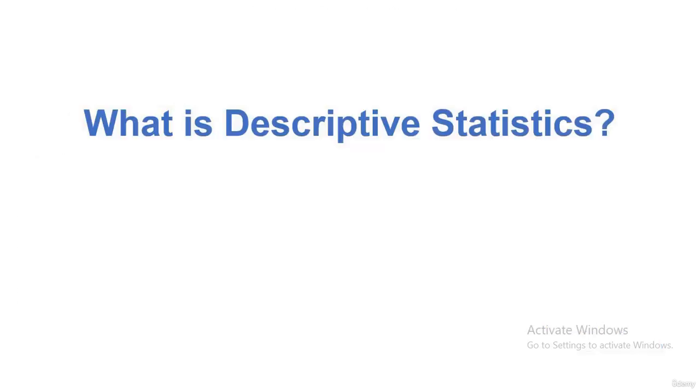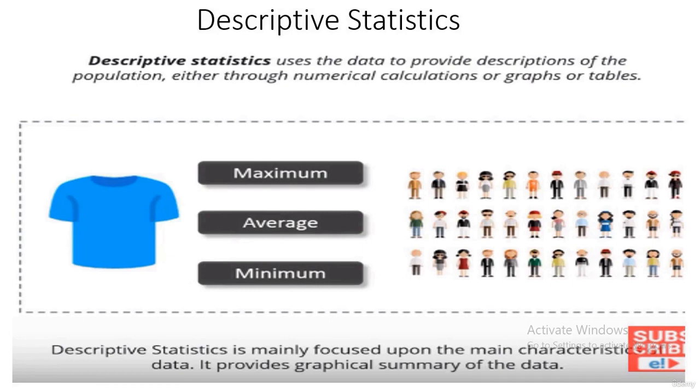So what is descriptive statistics? Descriptive statistics uses the data to provide descriptions of the population, either through numerical calculation or graphs or tables. So here we are taking an example of a t-shirt. This is mainly focused upon the main characteristics of data.